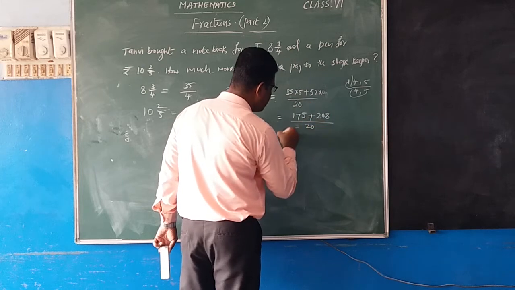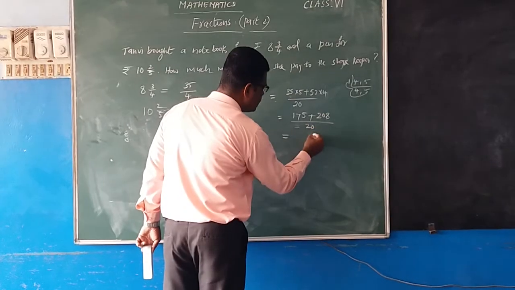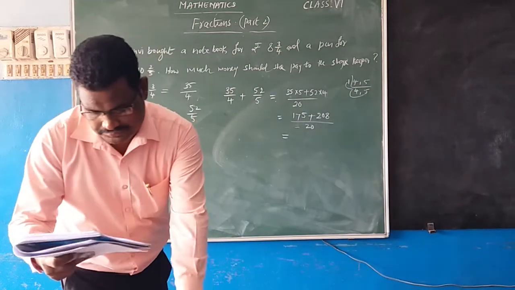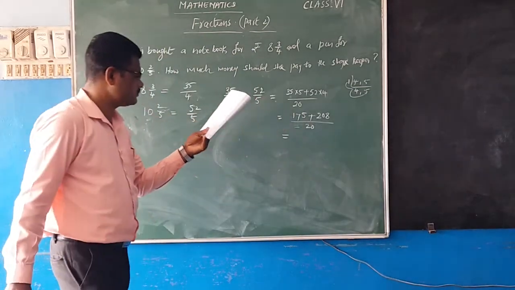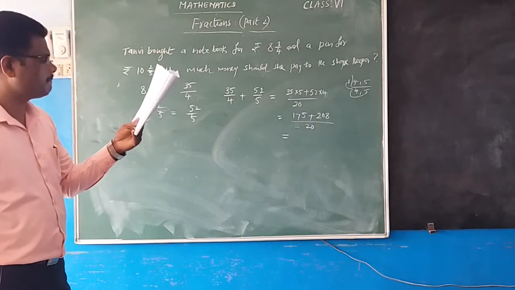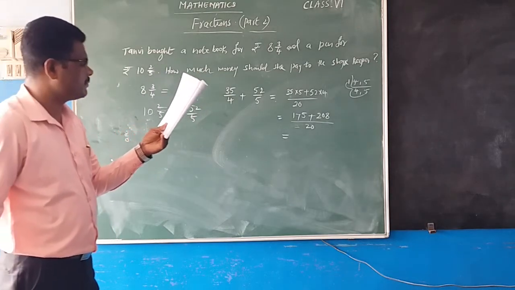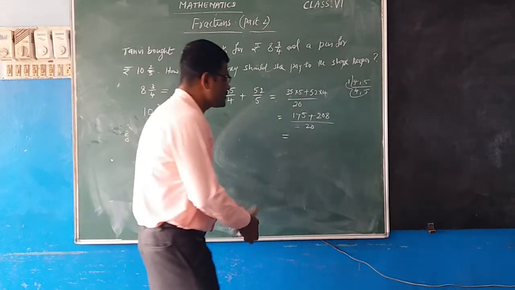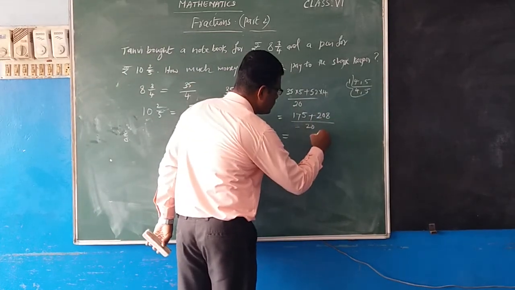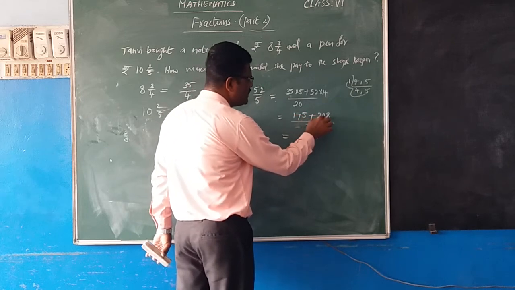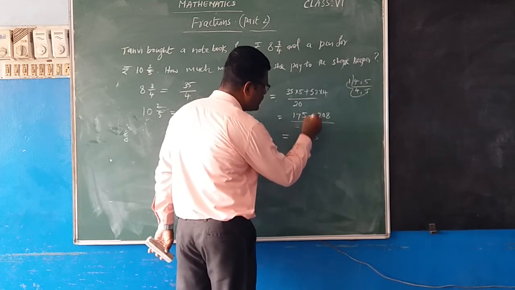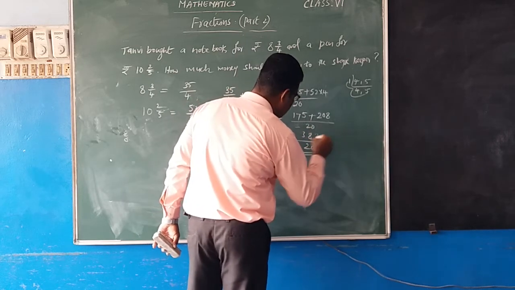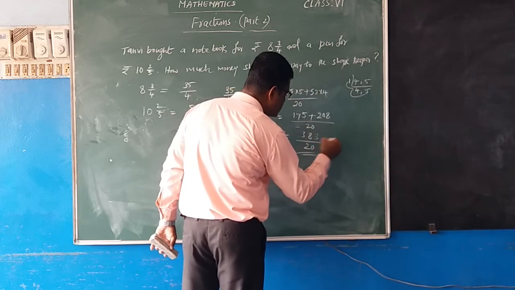So divided by 20, that is equal to, add it: 5 plus 8 is 13, 7 plus 1 is 8, 1 plus 2 is 3, so 3 8 1 3 by 20. This much of rupees.